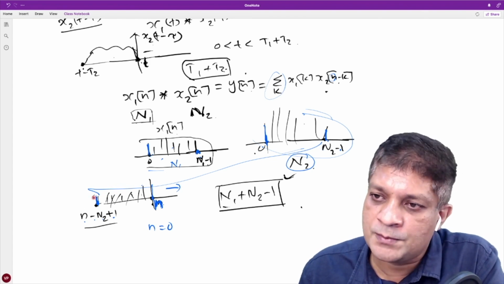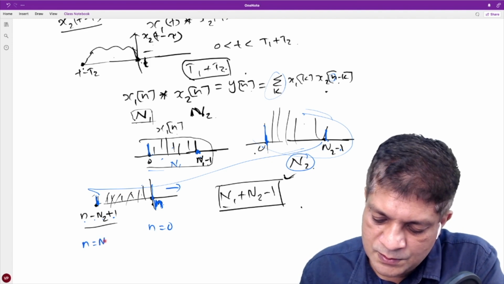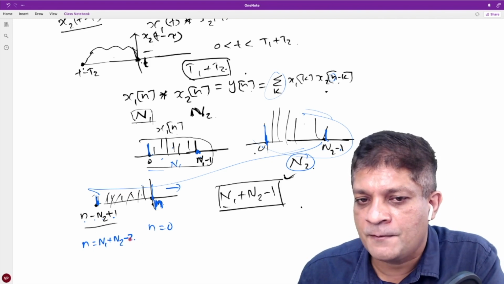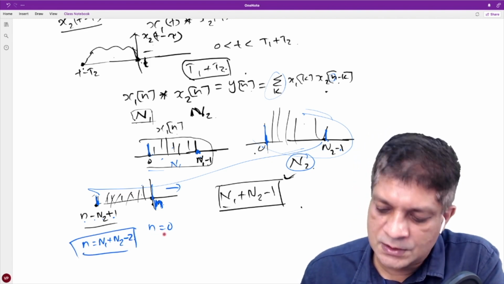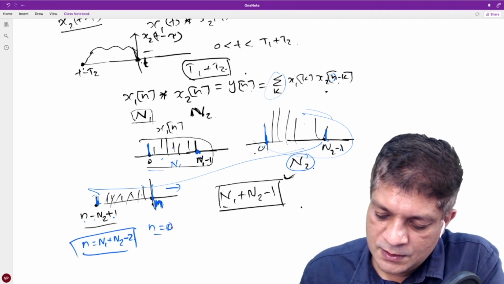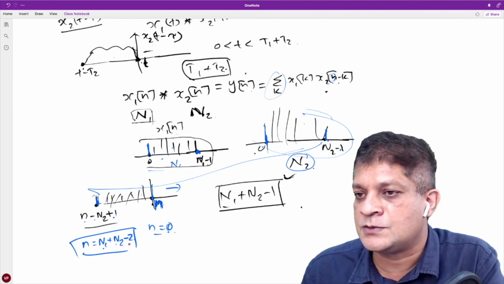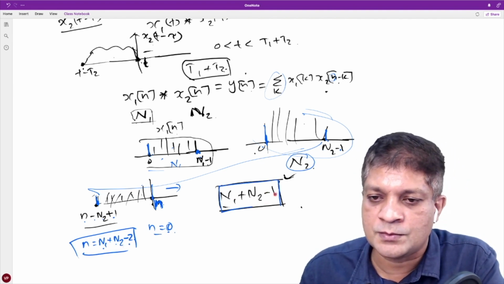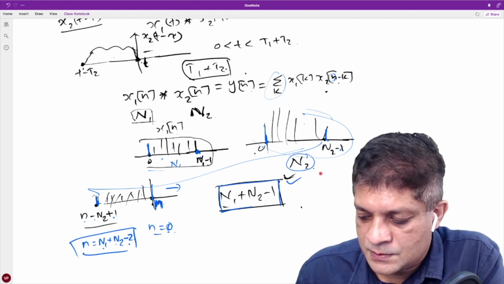After that there is no overlap. That point is n equals n1 plus n2 minus 2. So the signal is non-zero in the interval 0 to n1 plus n2 minus 2, and the duration is n1 plus n2 minus 1. Understood?